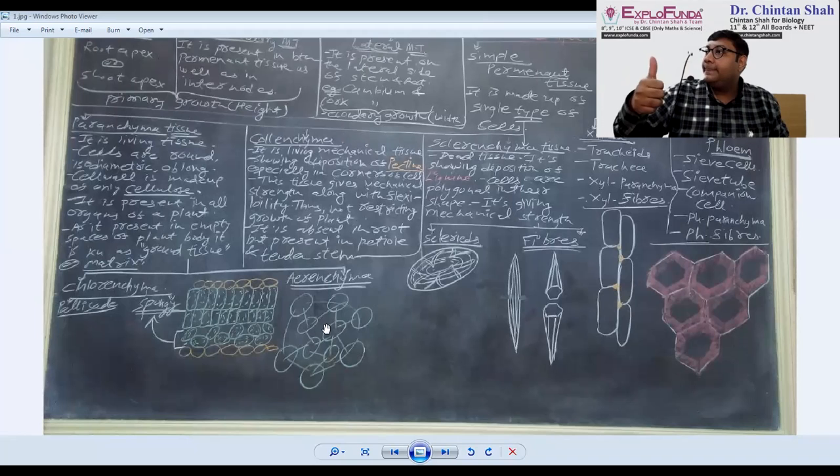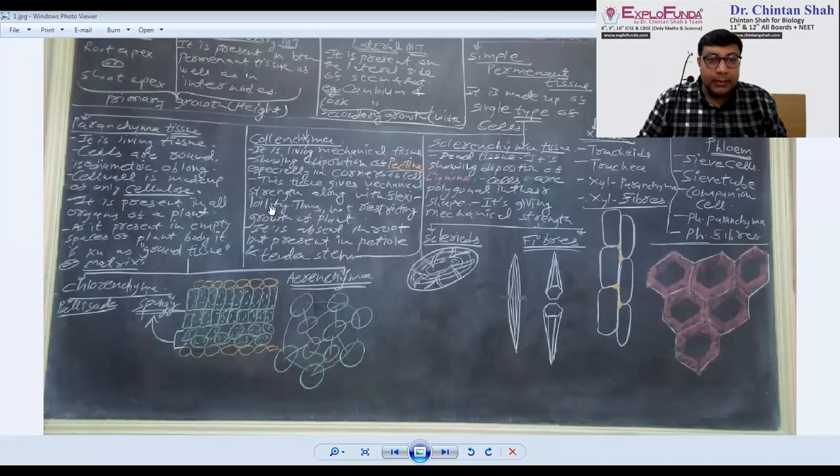Then another, so you know, the parenchyma tissue is known as a ground tissue or a matrix also. Chlorenchyma and aerenchyma are its subtypes. Now we are going for collenchyma.